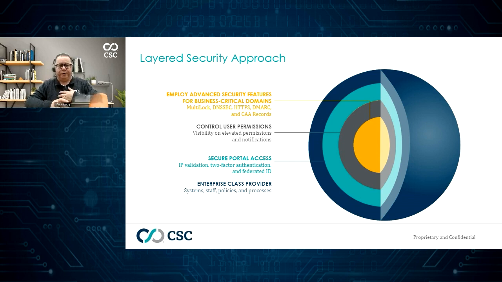And that's not just for us, that's for any third-party system you're using. And then obviously, when it comes down to the domain level, if it's business critical, you should be considering multi-lock, DNSSEC, DMARC, CAA records for those business critical ones. Again, it's giving you those extra layers of defense.